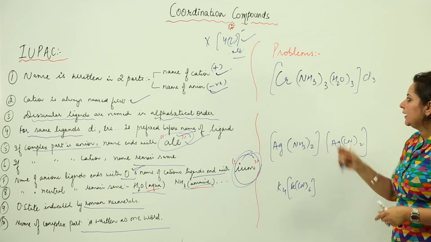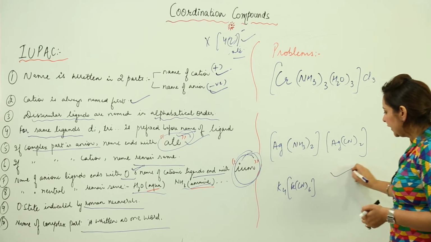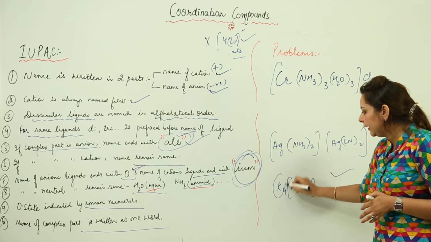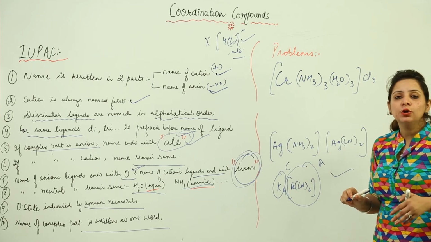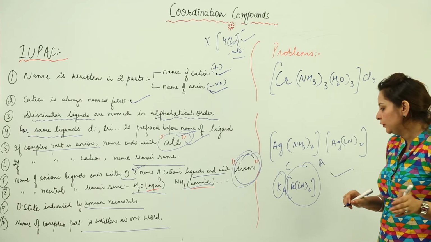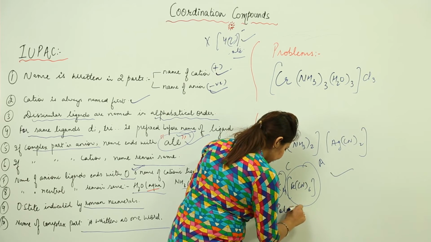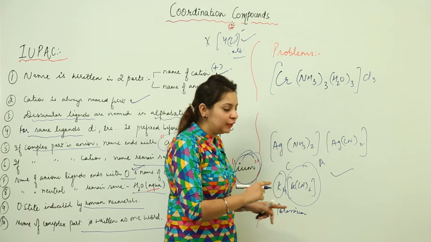For example, let us take this thing. First we will take a simple one. It is K4[Fe(CN)6]. This is a cationic part, and this is the anionic part, right? As I told you, we are going to write the name for the cation first, right? So it is potassium. This is 6. Then we are going to write the name for the ligands.